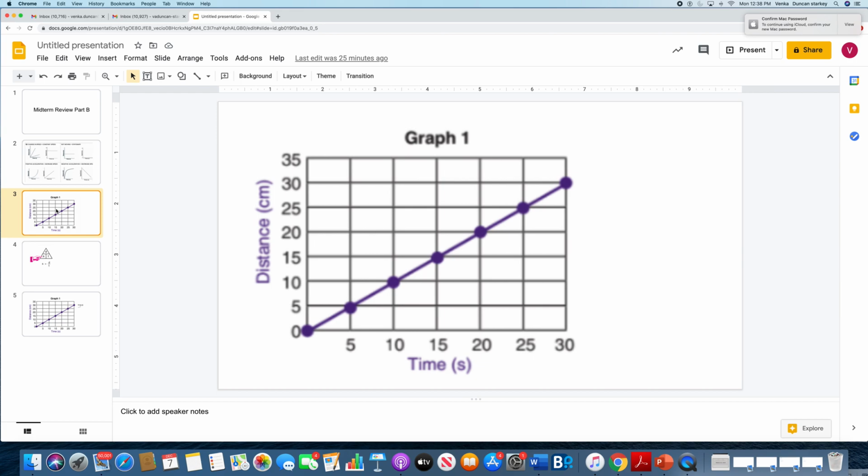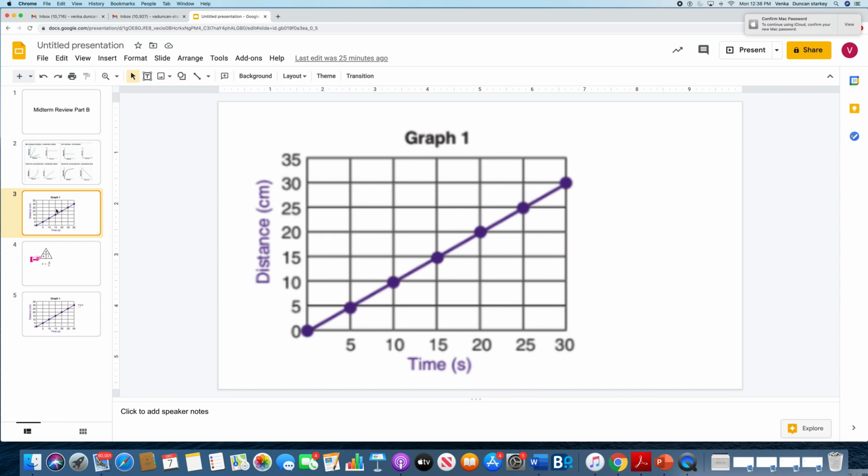Now that you know the different types of speed graphs, I'm going to show you how to determine the speed from looking at a graph. So, for this question, for this graph, we want to determine the speed that this vehicle is going at 15 seconds.